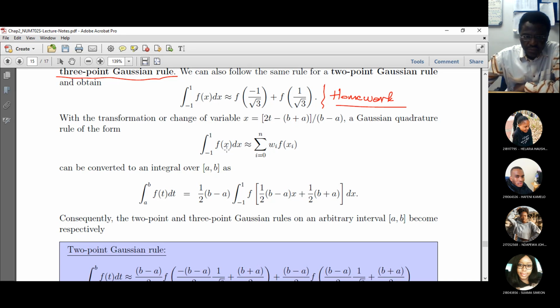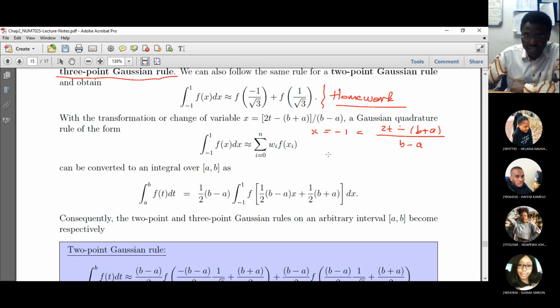If you take x equal to -1, you substitute here. If x is equal to -1, this will be (2t minus b plus a) into (b minus a). Right.